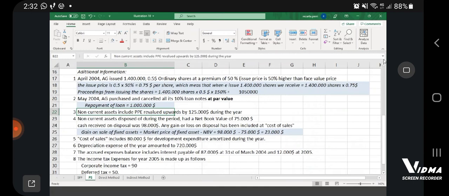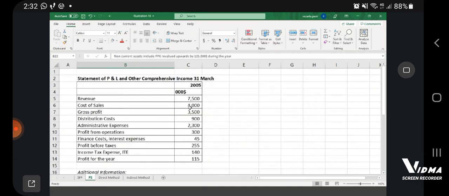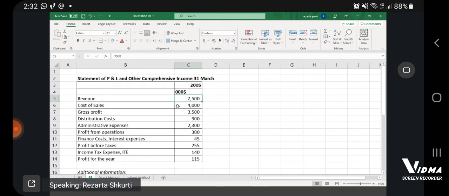So, again, in the direct method, we are going to take the items one by one. All the revenues, all the expenditure, and we take one and then we convert it into a cash inflow or outflow. It depends on what it is. The revenues are converted into a cash inflow. The cost of sales will be converted to a cash outflow.